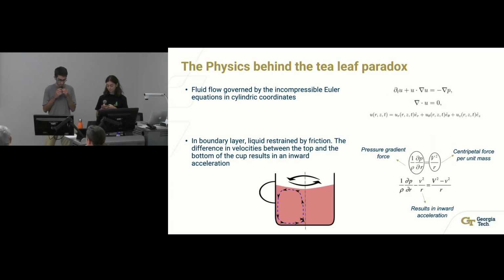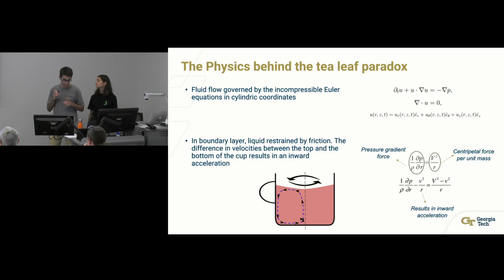So now that you know a little bit more about what the tea leaf paradox is and how it works, I'm going to present the physics behind it, the fluid dynamics theories that can explain this paradox. We call it the tea leaf paradox because it happens in a teacup, which is basically a cylinder with solid boundaries. In this cylinder, we consider that the fluid flow is governed by the incompressible Euler equations that you see here.